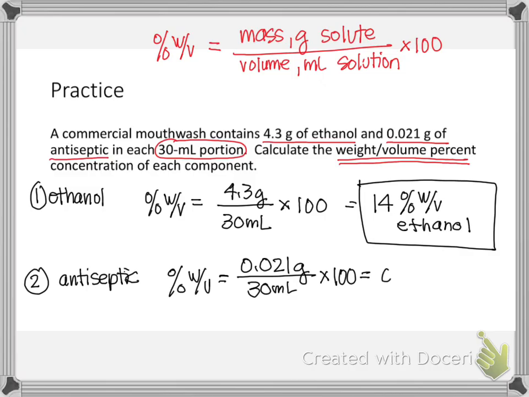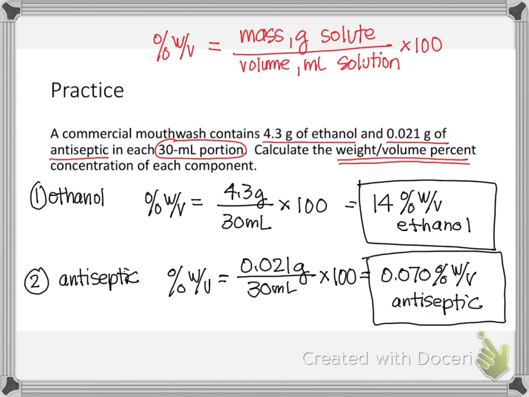And I get 0.07 on my calculator, but I want 2 significant figures, so I'll add another 0. It would change the significant figures, but not the overall value. And that is also percent weight to volume, but this is the antiseptic.